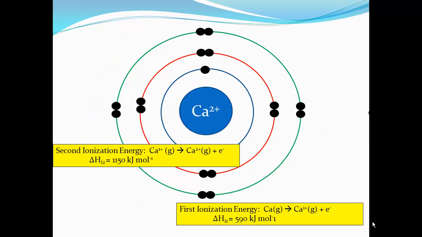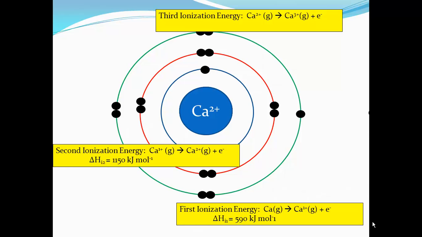Now, if you take a third electron, bye-bye, from a full energy level, 8 electrons, your equation would be Ca2+. Again, you remove an electron, so it becomes Ca3+.